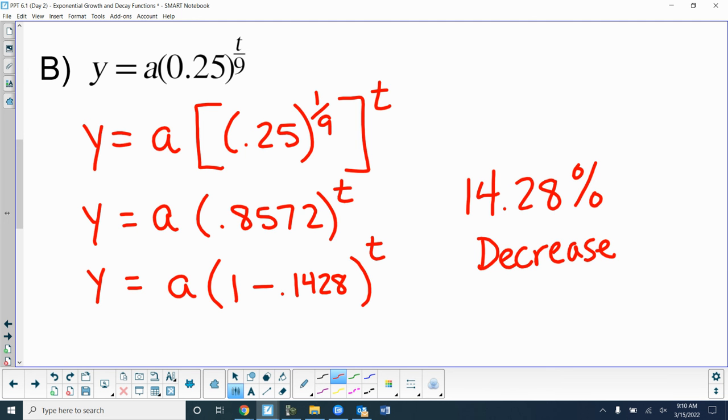Making sense? Okay. So, sometimes if it's not 1 point something, like this one, we got to subtract that number from 1 to figure out that percentage of decrease. All right? Okay, so don't forget that last step.